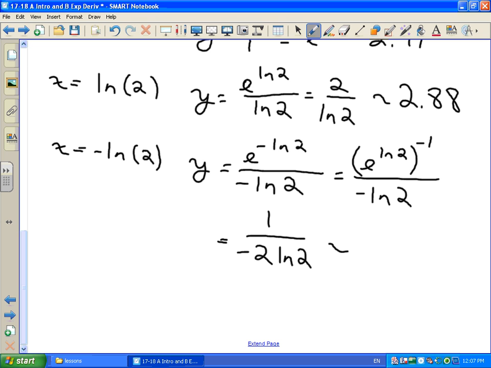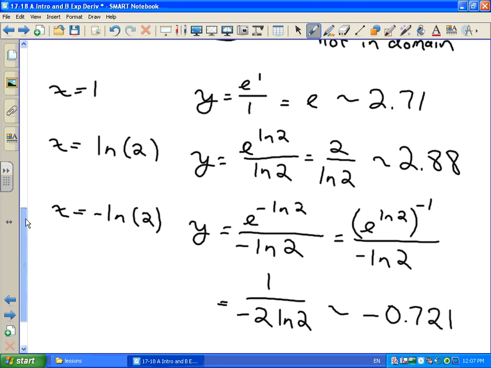So it's going to be negative something. What is it going to be? Punching it in here, negative 0.721. So just by looking at these numbers, we can tell that this is going to be our absolute max.